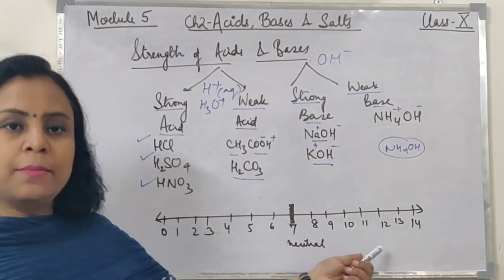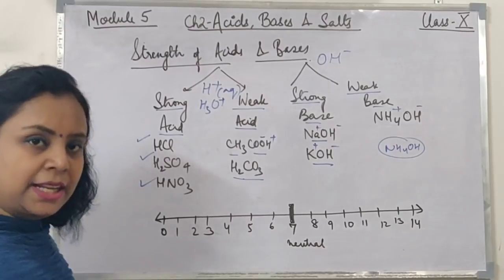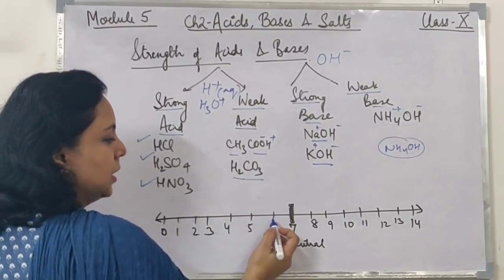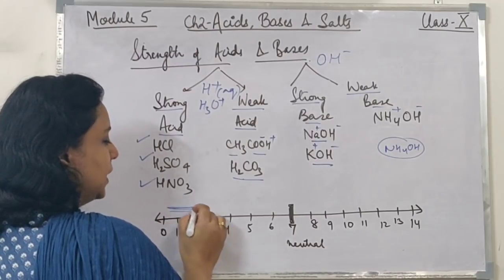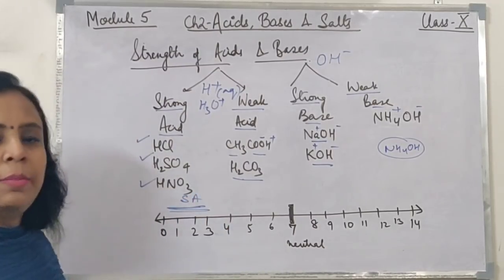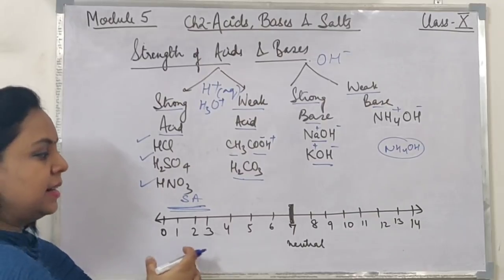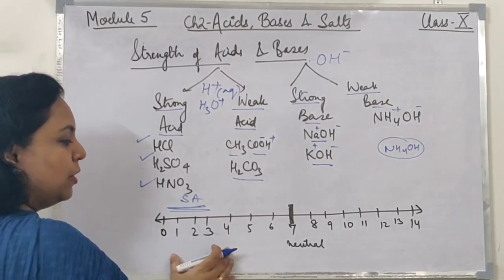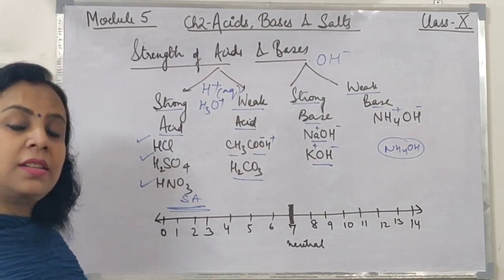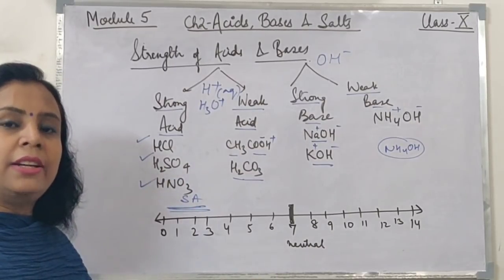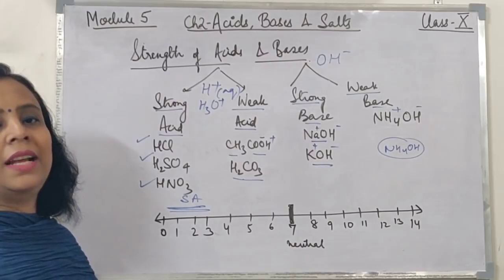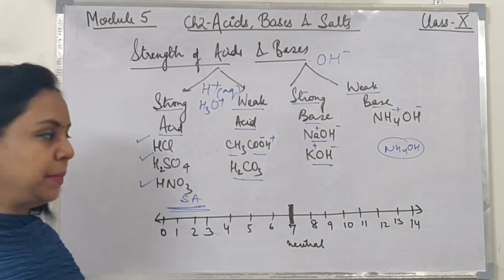If you compare them on the pH scale, we have studied pH, the stronger acids will be somewhere around this region because they will completely dissociate and the pH value will be quite low because there is an inverse relation, children. The more hydronium ions, the lower the pH.